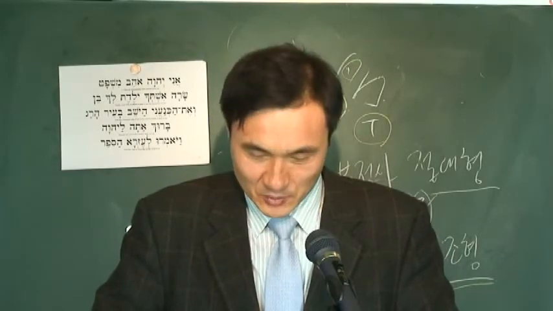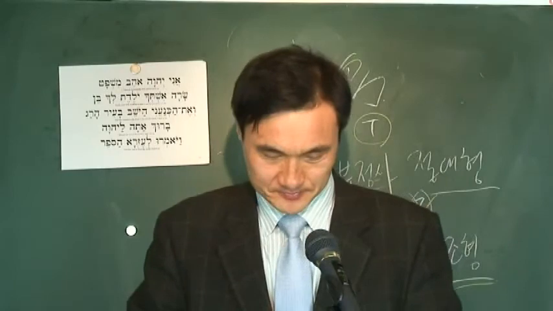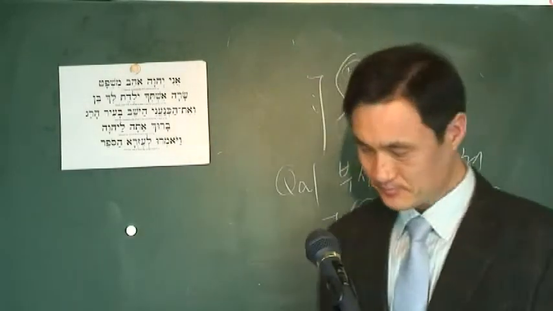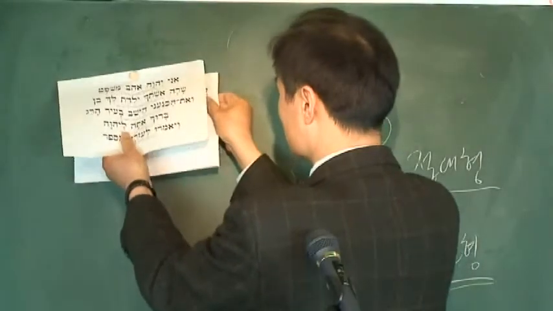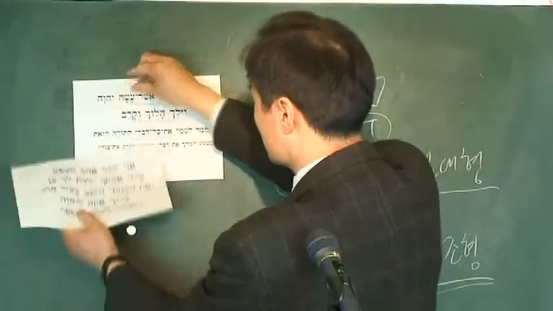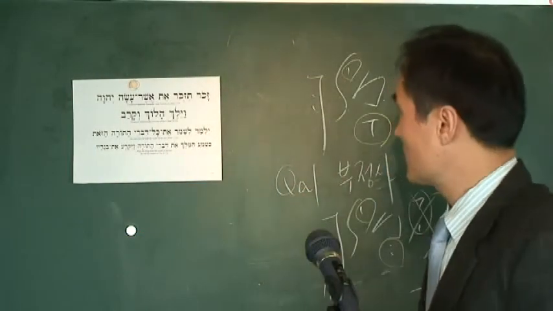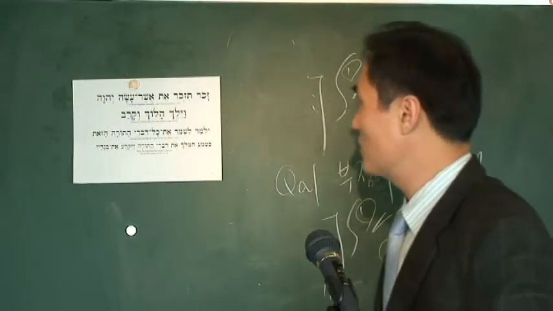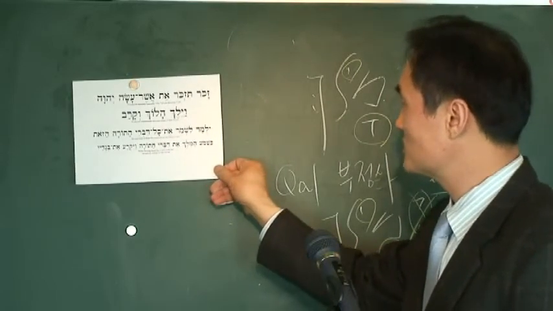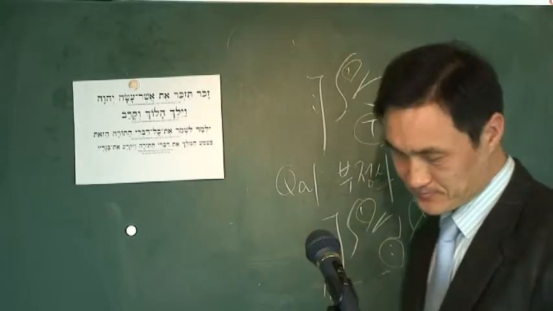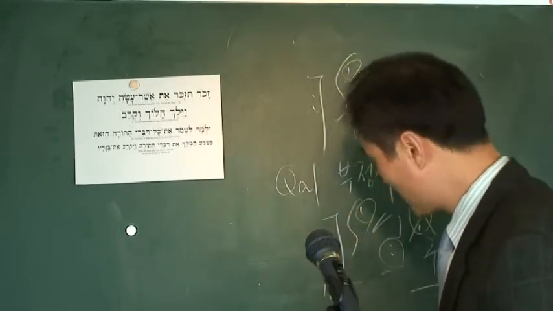Now let's study the usages of the absolute state and the construct state of the Kal verb. Zakor, ti zakor, et asher asa Adonai.